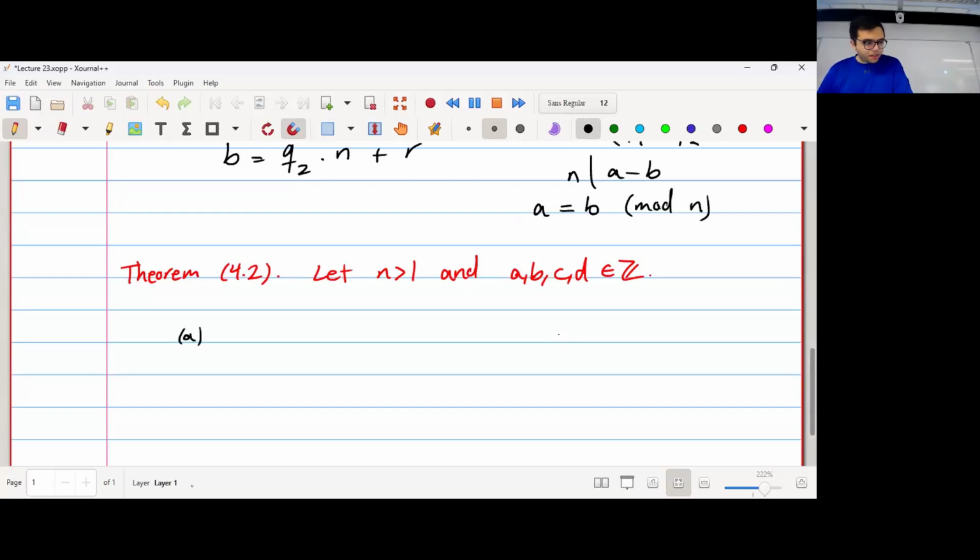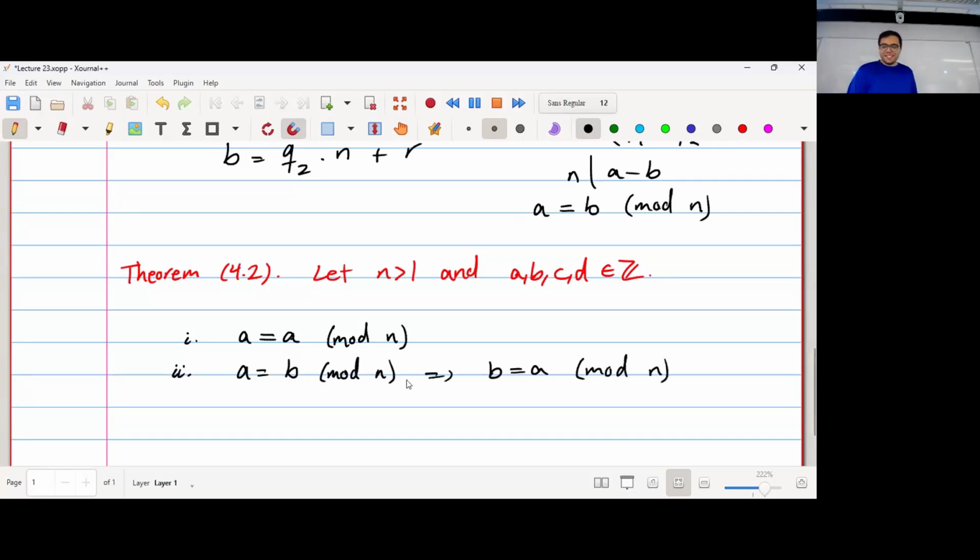The first property is that a is equal to a modulo n. The second property is that if a is equal to b modulo n, then b is equal to a modulo n.